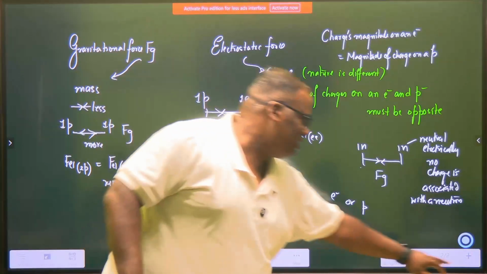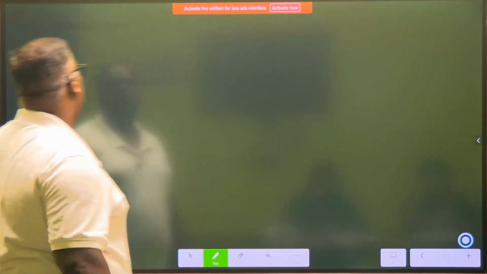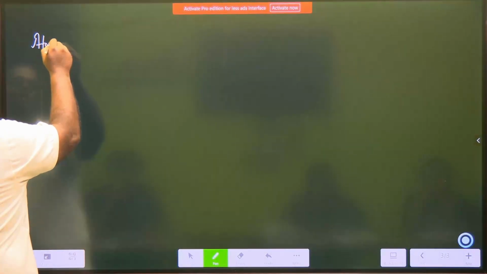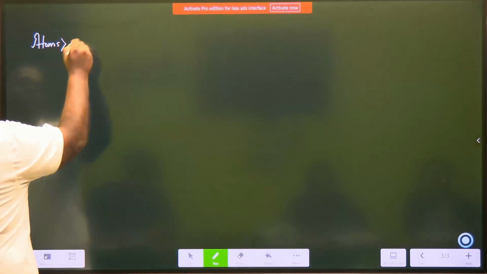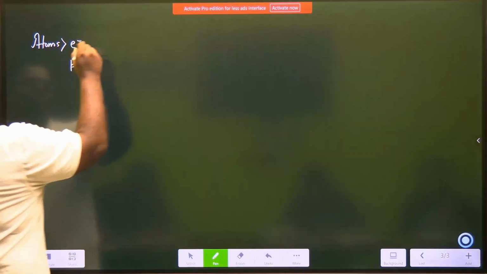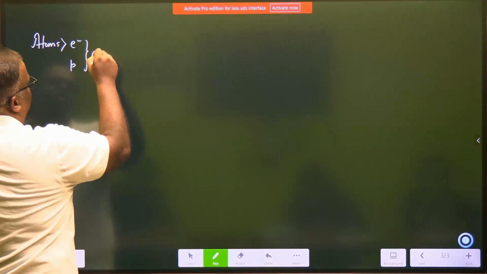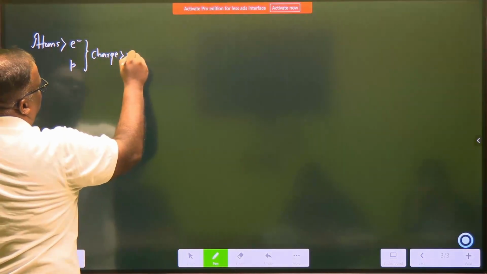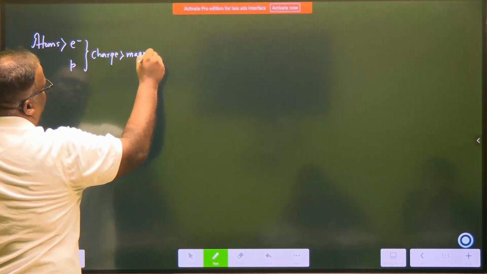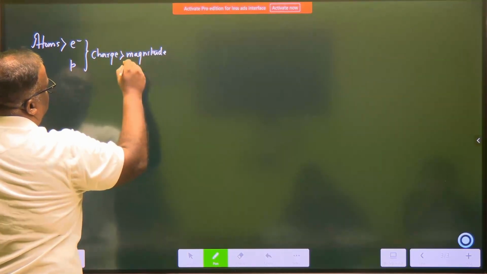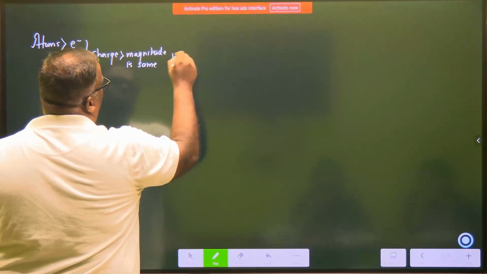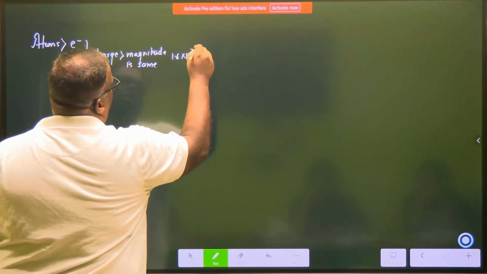So based on this, what can we say? We can say that you have atoms, and in atoms you have electrons and protons. If we talk in terms of charge, then we will say that the magnitude is the same, and that magnitude is 1.6 times 10 to the power minus 19 coulomb.